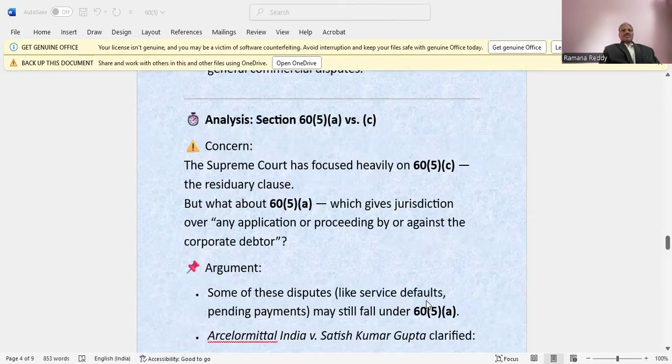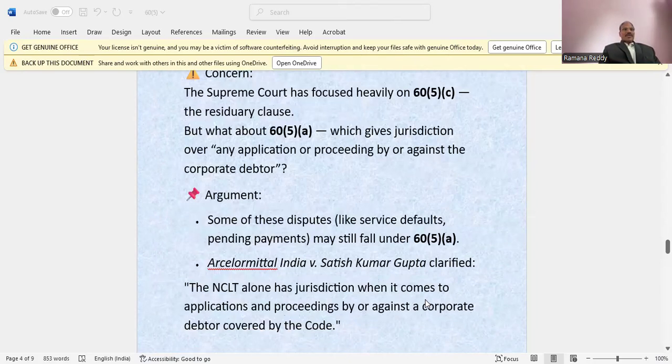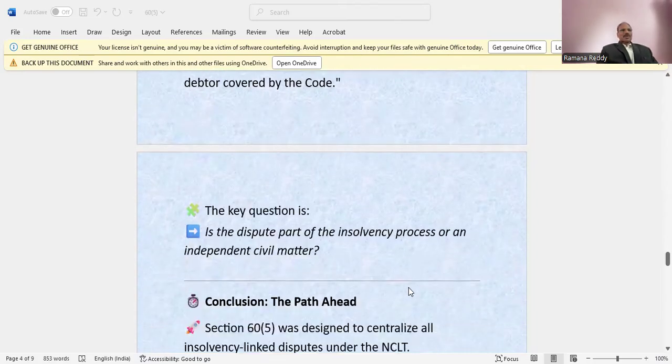Some disputes like service defaults and pending payments may still fall under Section 60, subsection 5A. Even ArcelorMittal India versus Satish Kumar Gupta clarified that NCLT alone has jurisdiction when it comes to applications and proceedings by or against the corporate debtor that are covered by the Code. So the question is, is the dispute part of the insolvency process or an independent civil matter?